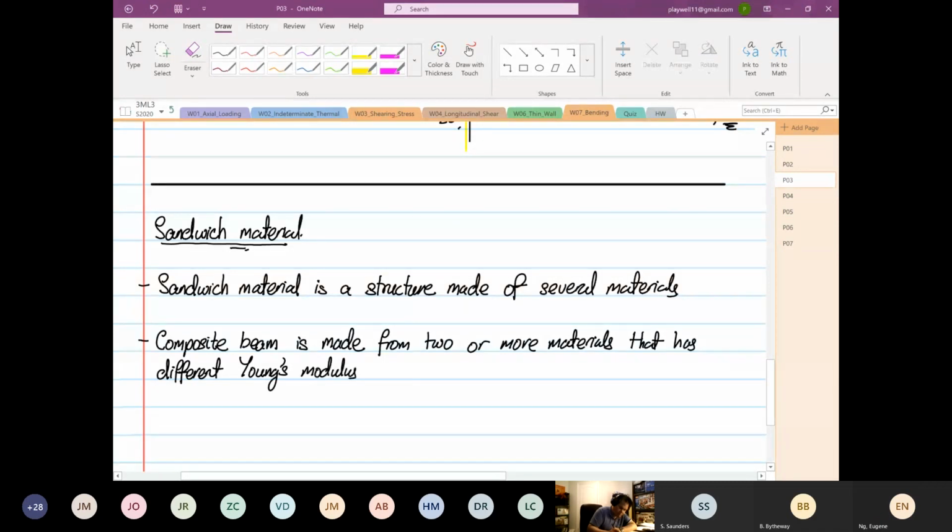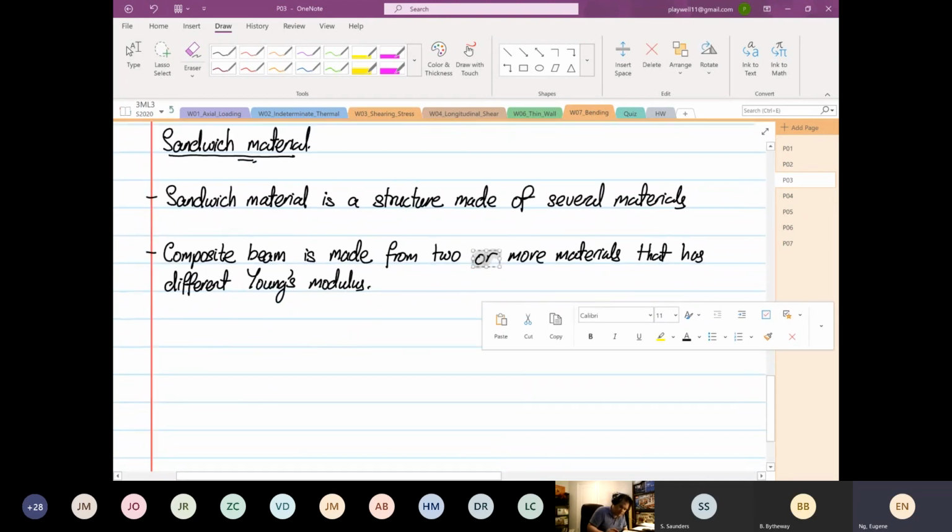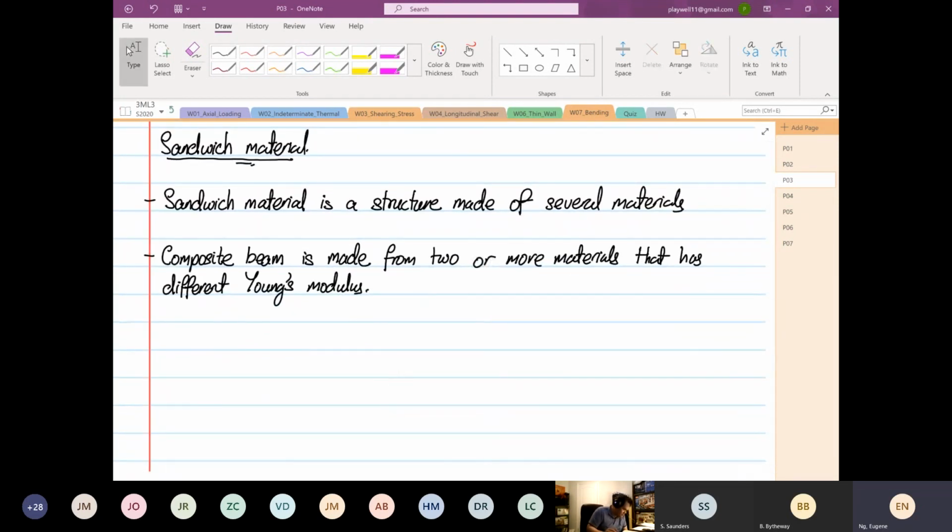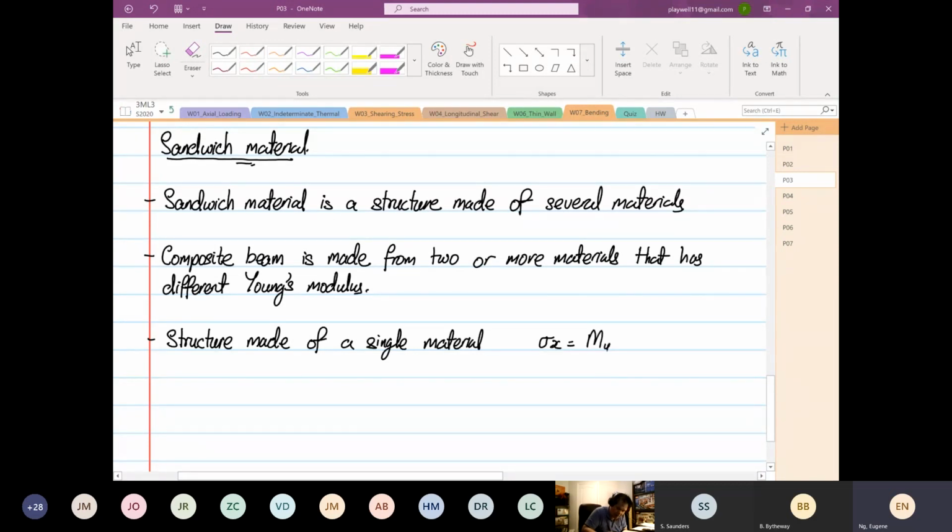Okay. So if we have a structure made of a single material, like what we've been doing, what we tend to do is stress X is equal to, for this case, for example, I say My over Iyy multiplied by Z. Okay.